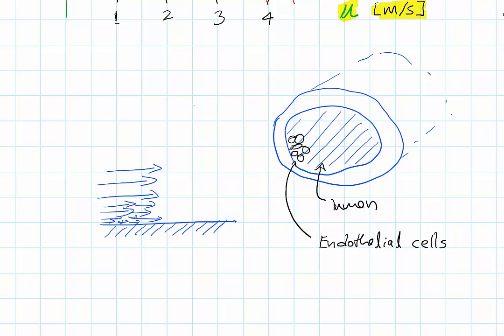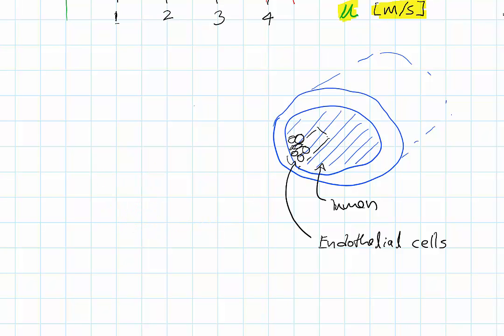If you imagine that I zoom into this portion of the tube or the blood vessel, then I can draw the endothelial cells. Let me erase this. So I can draw the endothelial cells like this. And the blood is flowing slowly on top.